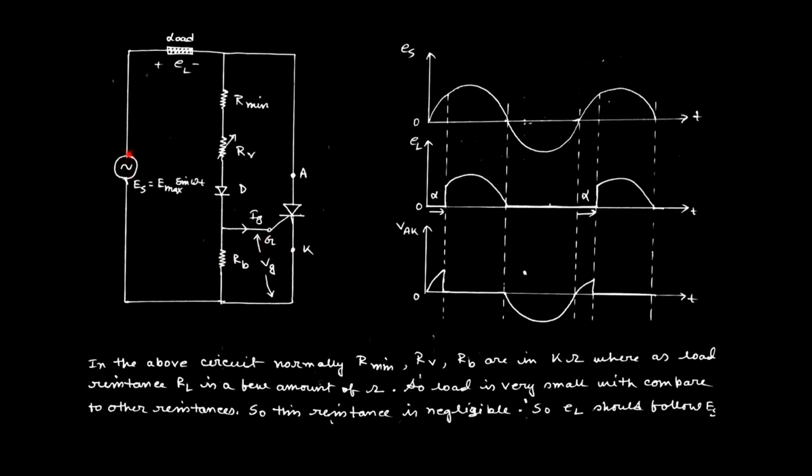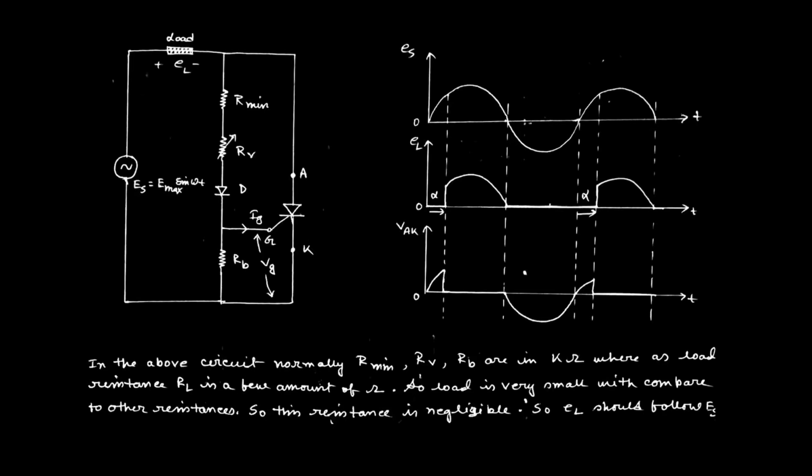As a normal behavior of the sine wave, when it reaches the maximum value at 90 degrees, defined by Emax, the maximum gate current, Ig max, starts flowing up to a permissible amount by proper adjustment of RV and by using Rmin, the minimum amount of resistance.